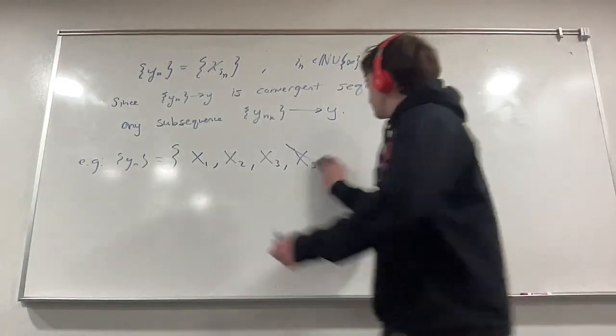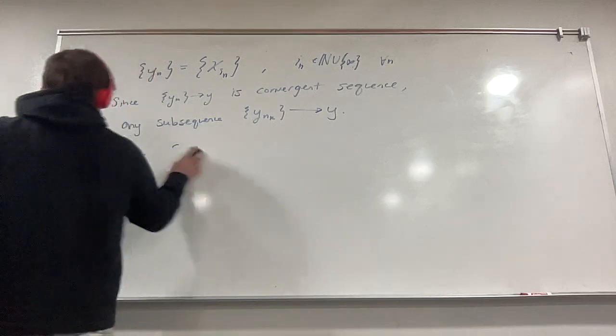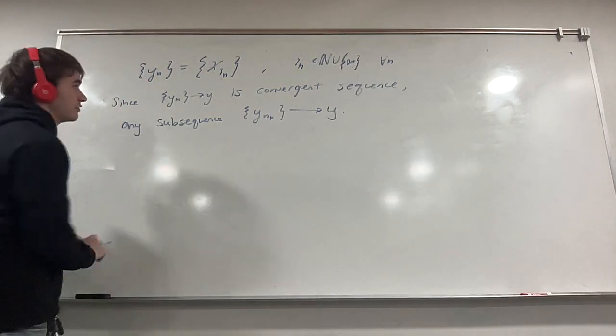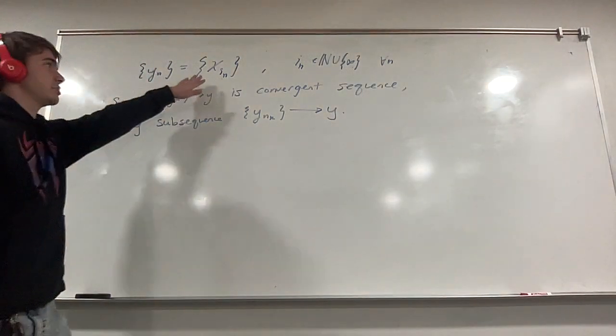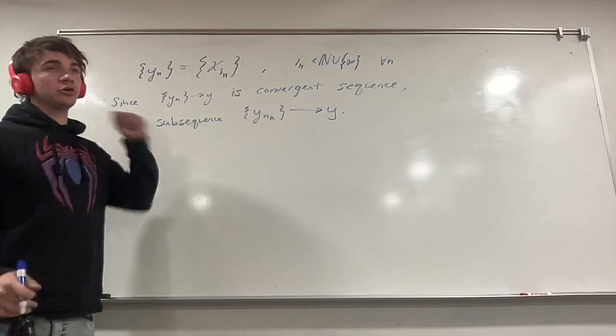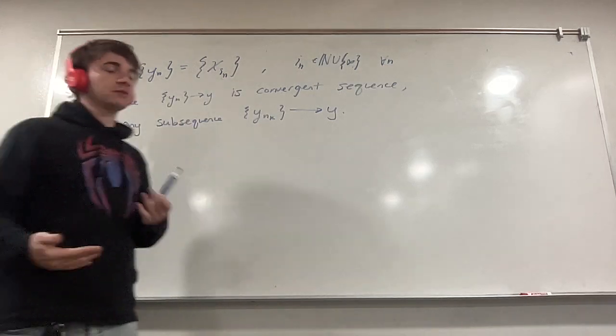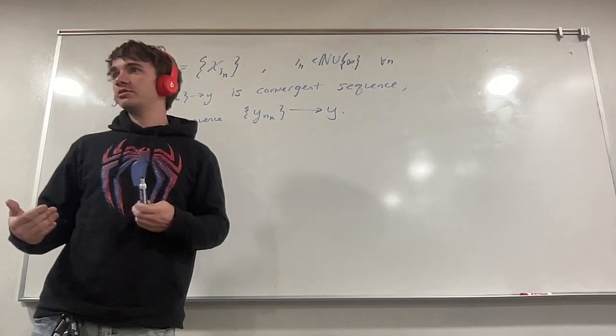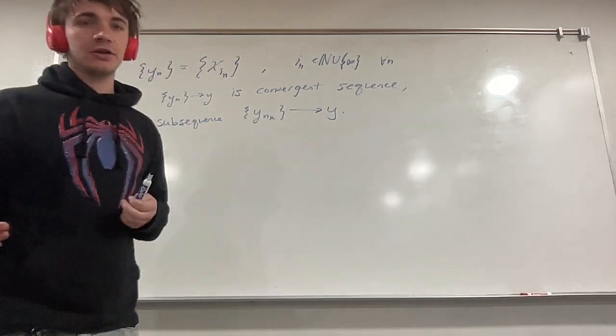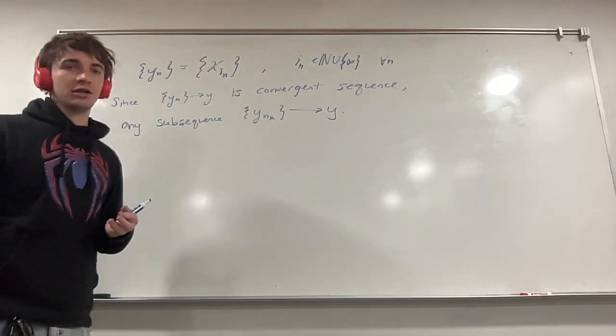All right, so the first thing I'm going to deal with is if there's a recurrent index. Suppose that I chose, let's say, x sub 3 infinitely many times. Then I could just pass to the constant subsequence x sub 3, and it would converge to x3, and I'd be done.